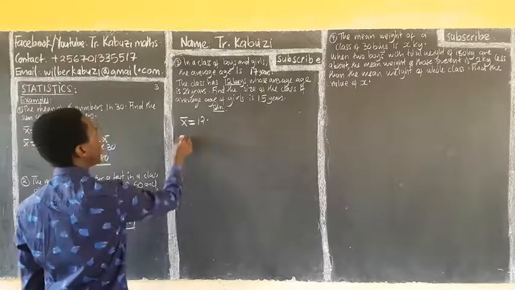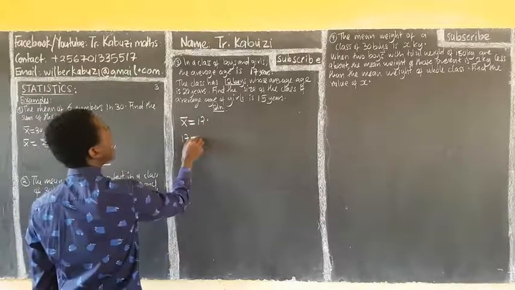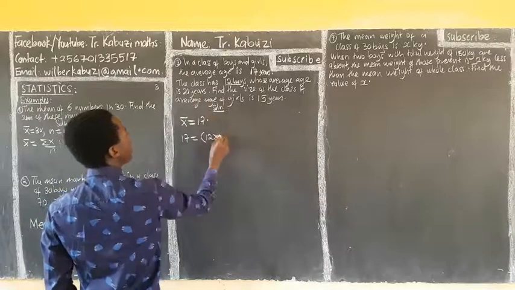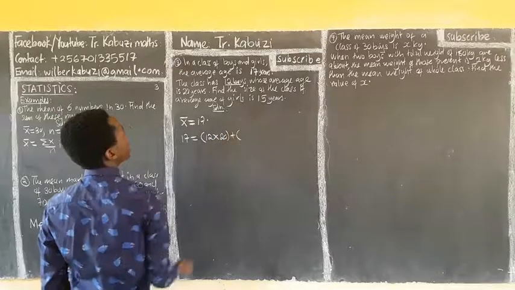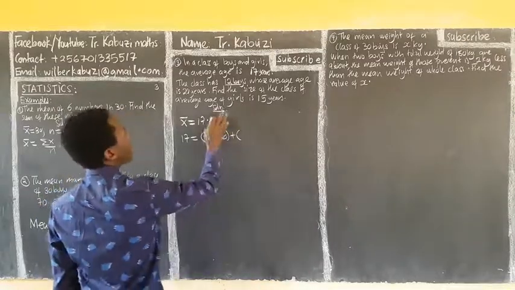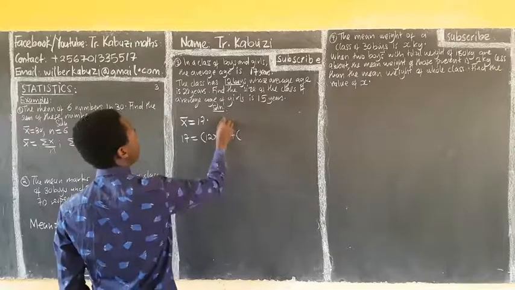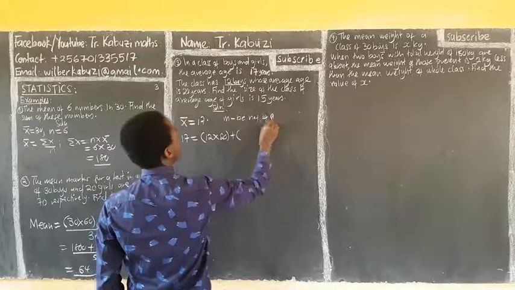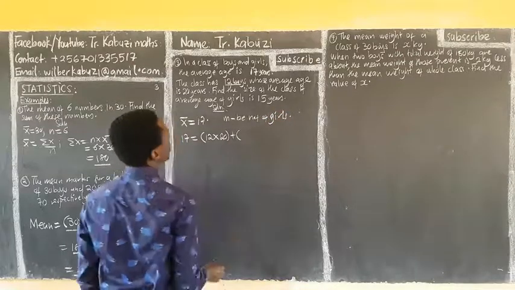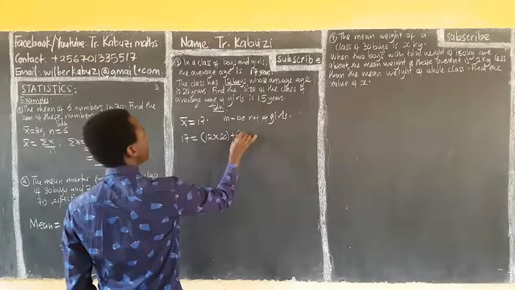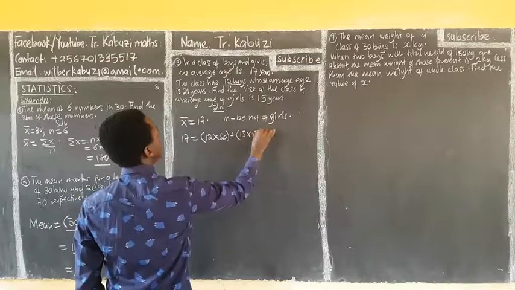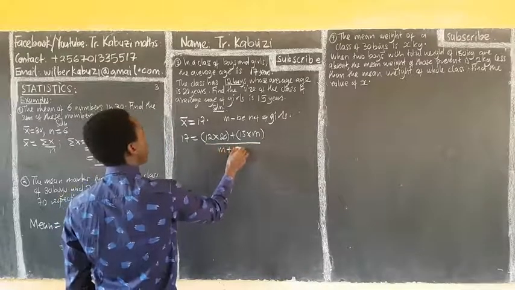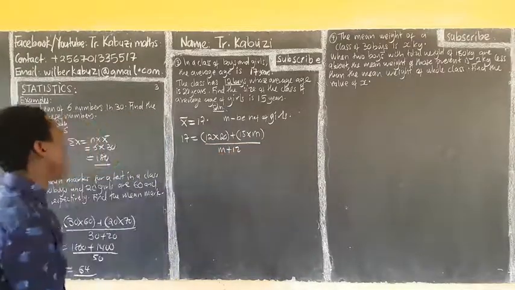So we say that our 17 is going to be the 12 boys times their average age, plus the girls. Let m be the number of girls. These girls have an average age of 15 times their number, which is m, over their total. The total is going to be m plus 12, the number of girls plus the number of boys.